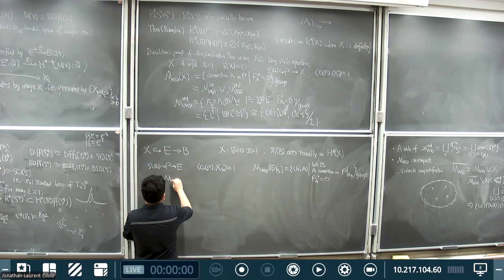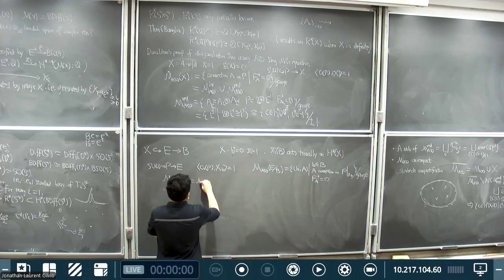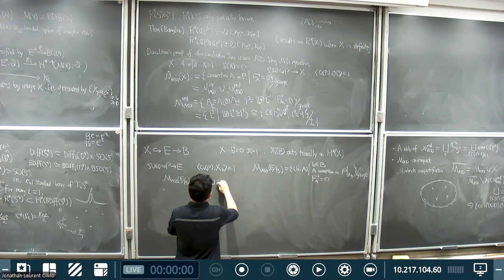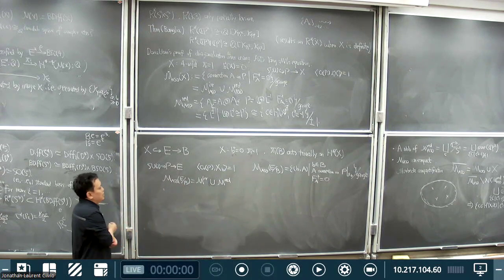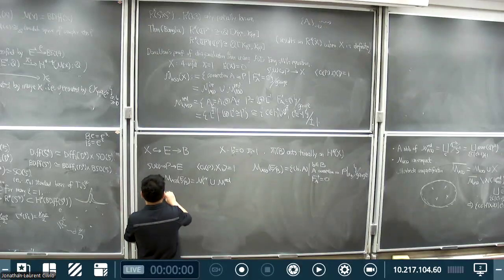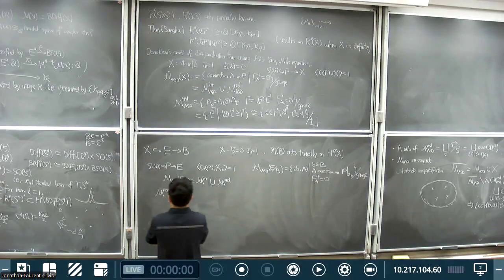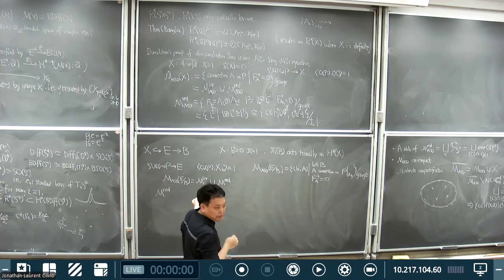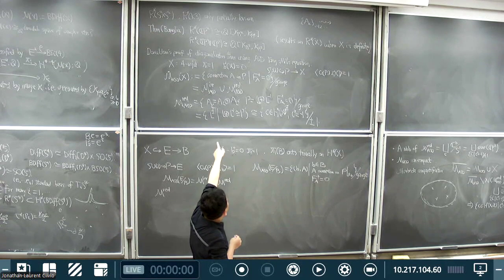Again, this has a decomposition into the irreducible part and the reducible part. So let's see what the reducible part is. When B is a single point, you just have a bunch of discrete reducible solutions.